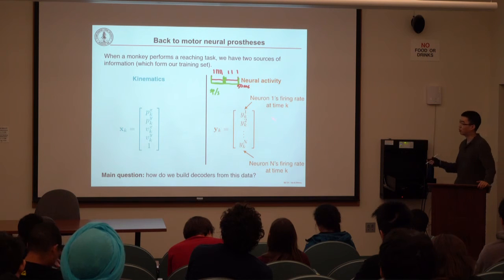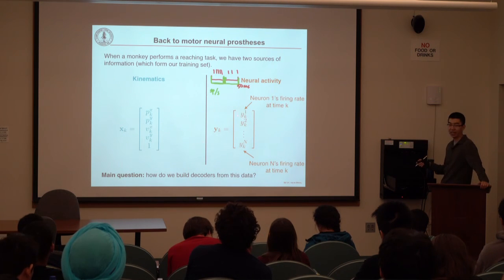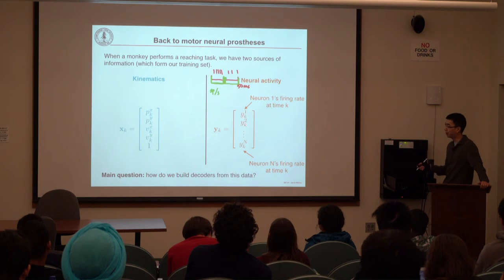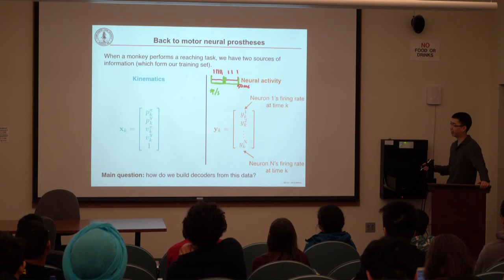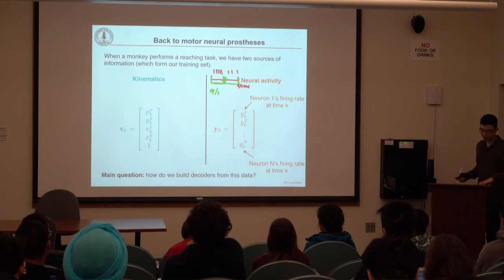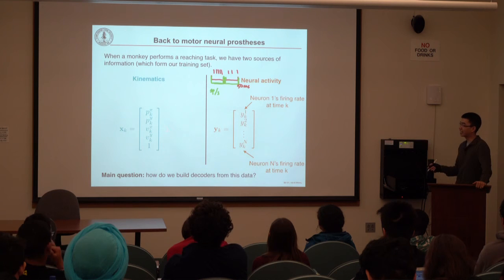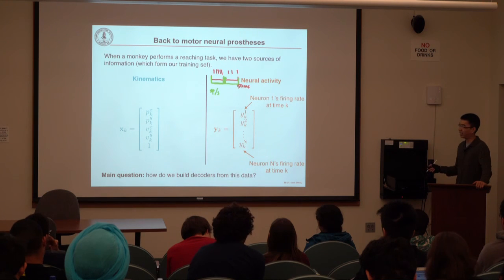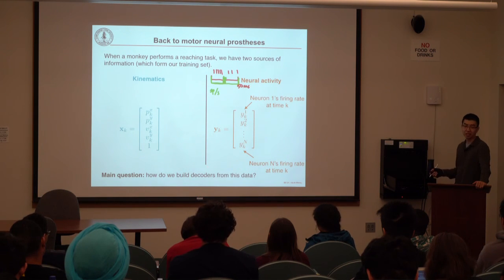So we'll bin our spike counts, and those binned spike counts are going to be our estimates of firing rate for the neuron Y. What we'll want to ask is, given these xk's and these yk's across all time, where k is indexing time, how can we build decoders from this data? Any questions on that?